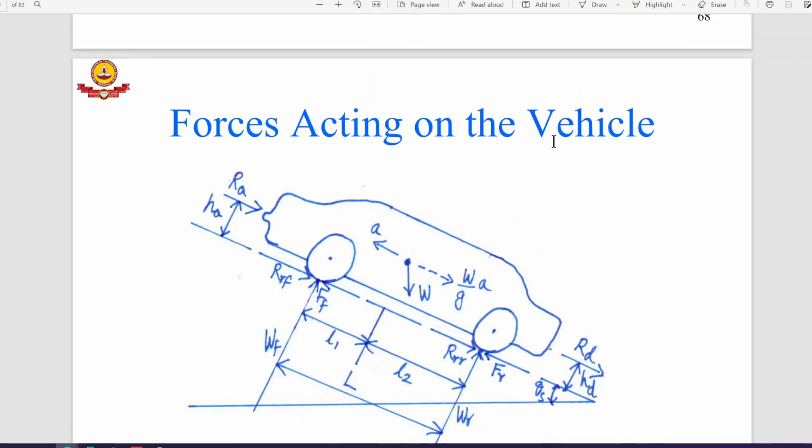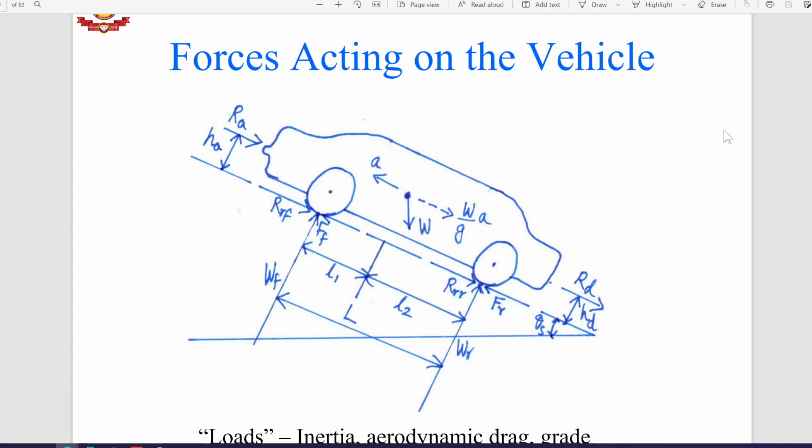Let's look at the forces acting on the vehicle. It's better if I can draw this diagram while explaining each of the forces.